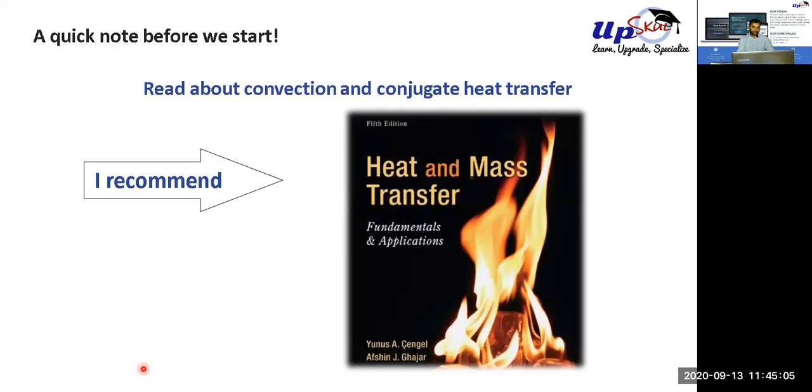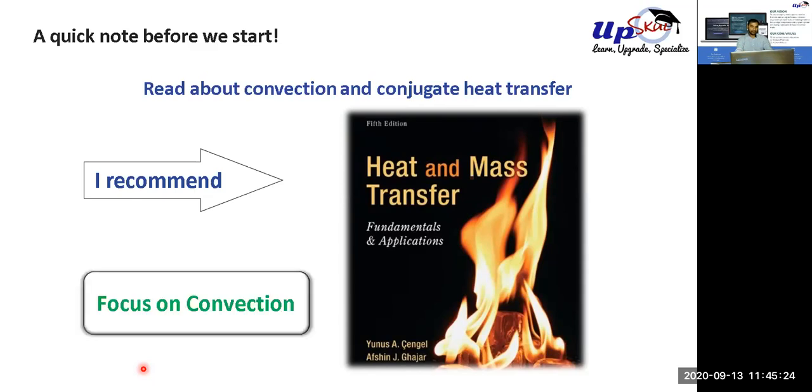What I request is to look at it once again from a practical point of view. For this I recommend the heat and mass transfer book by Sachdeva and Gajar. A good book, focus on the convection part, the boundary separation and all this kind of stuff, very useful for calculating the heat transfer, especially around the radiator.